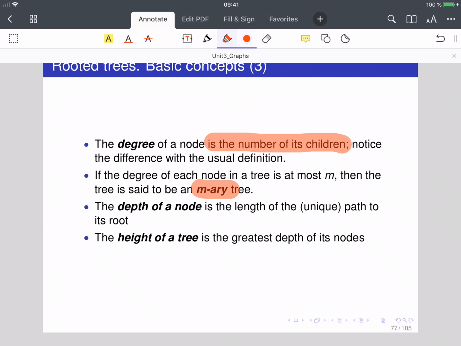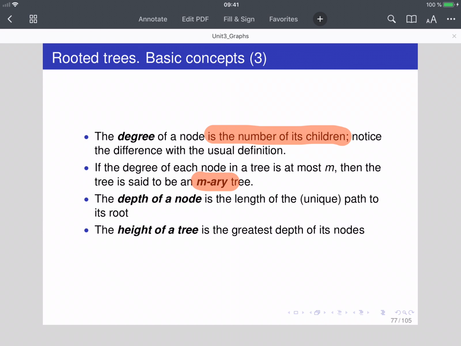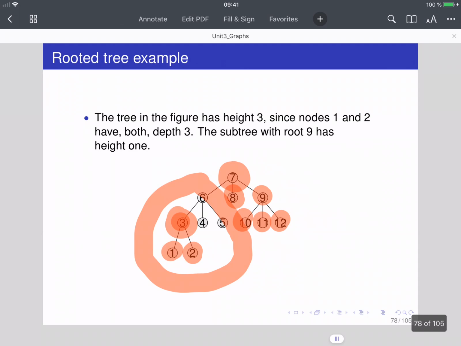Okay, so this is an upper bound on the degree of the nodes. So for instance, in this example here, the maximum degree is 3, because there are some nodes that have 3 children, so this would be a ternary tree.